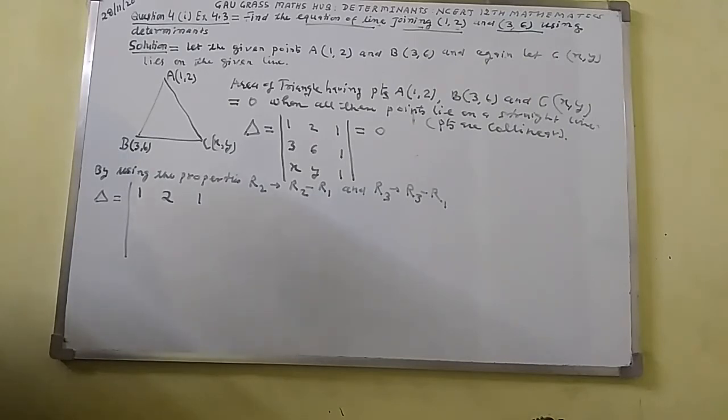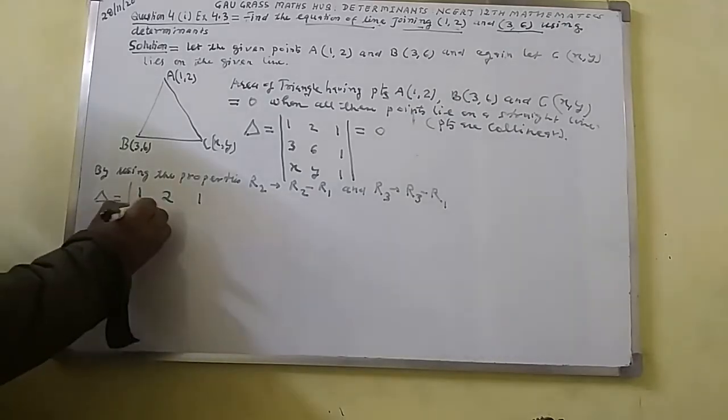For R2 minus R1: the element of R2 is 3, and the corresponding element in the first row is 1, so 3 minus 1 comes out to 2.